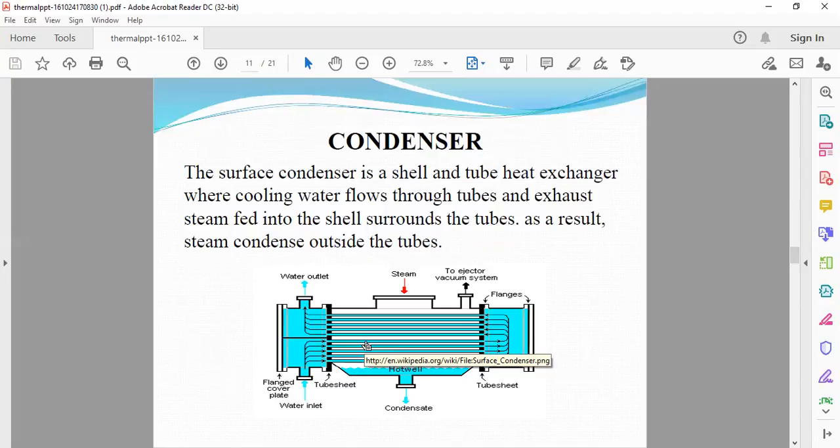The surface condenser is a shell and tube heat exchanger where cooling water flows through the tubes and exhaust steam fed into the shell surrounds the tubes. In the tubes the cooling water flows continuously, so as a result the steam condenses outside the tubes. Whatever heated steam is there is condensed in this condenser.